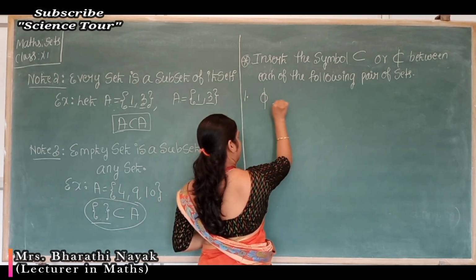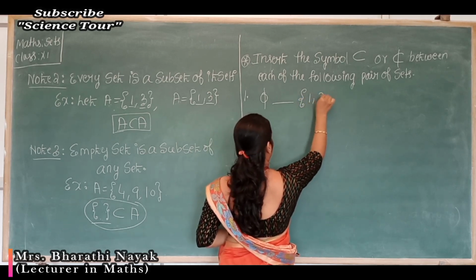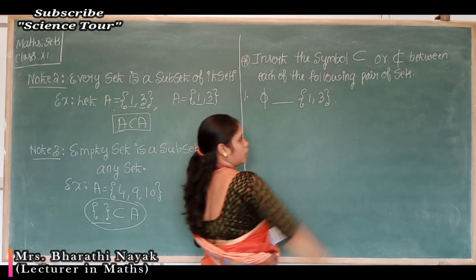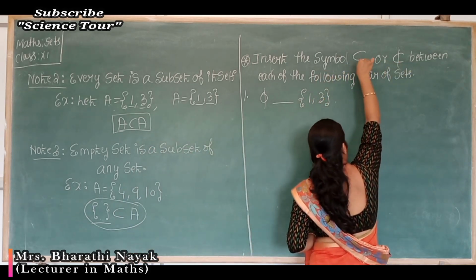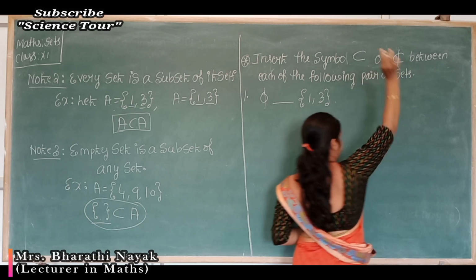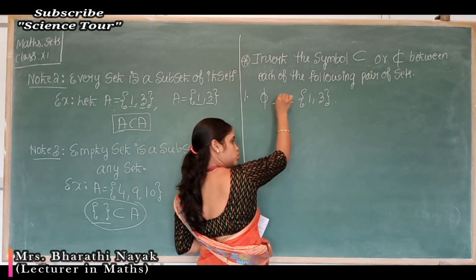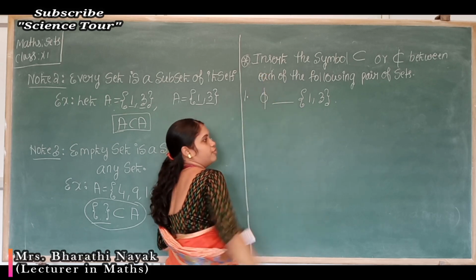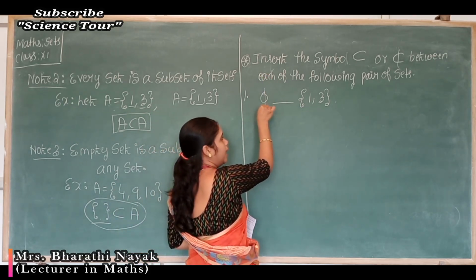Empty set dash set containing 1, 3. Okay, so now in between these two symbols, contained in or does not contained in, you have to insert one of those two symbols. Among those two symbols, one symbol you have to choose and fill. Okay, see, what is the meaning of this empty set?